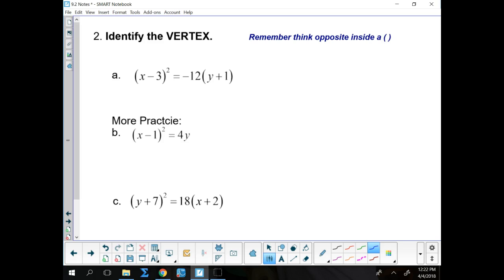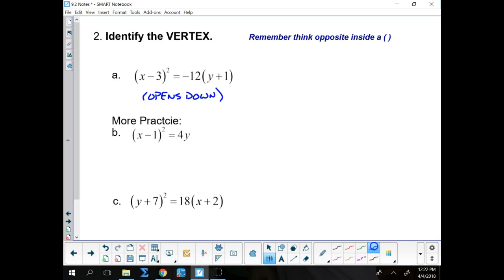Which one is squared? X is squared, right? So when x is squared, that narrows it down to up or down. Okay? 4p, positive or negative? Negative, so that makes it down. Okay? So this one, this little side note action here, opens down.